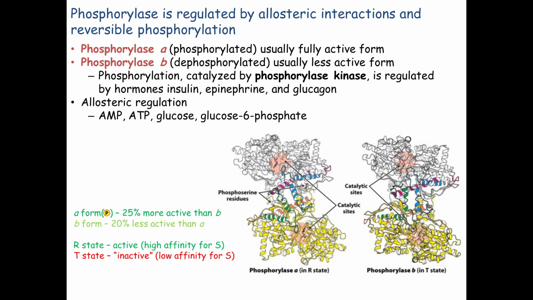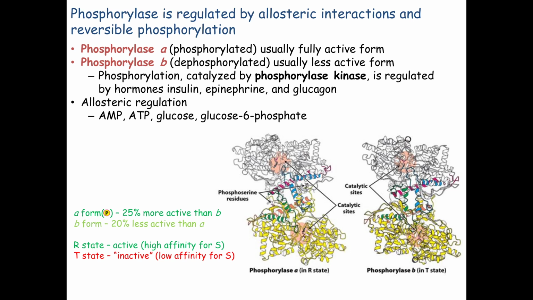Okay? So to remind you on this slide, this kind of covers most of it. The glycogen phosphorylase can exist in two forms, A and B form. That's determined by whether it's phosphorylated or not, respectively. That phosphate, if it's in its A form, was put on by an enzyme, a kinase, called phosphorylase kinase. And if it's in its B form, the phosphate clearly had been removed by a protein phosphatase.